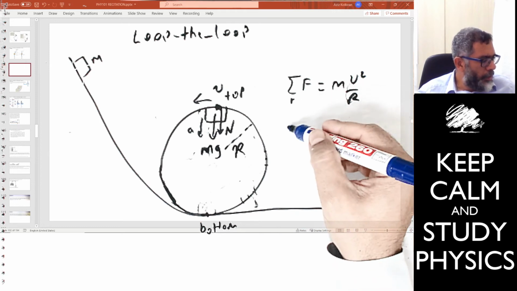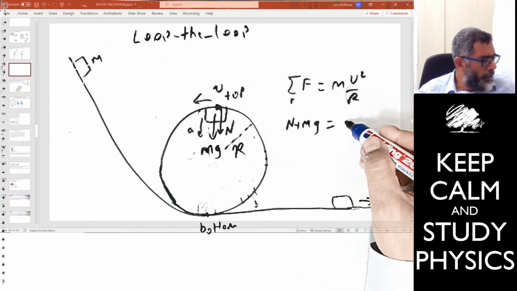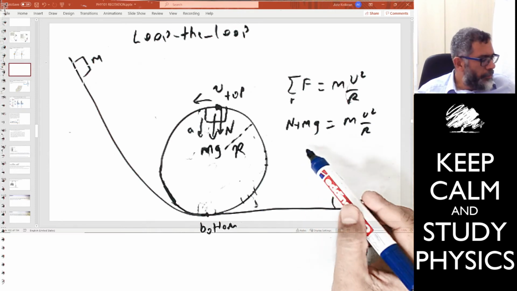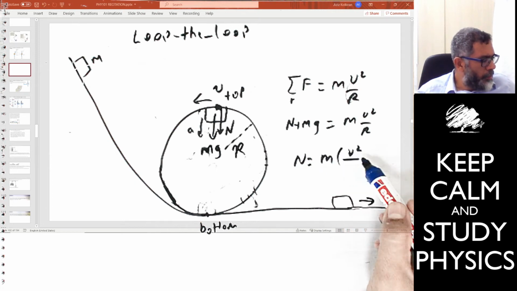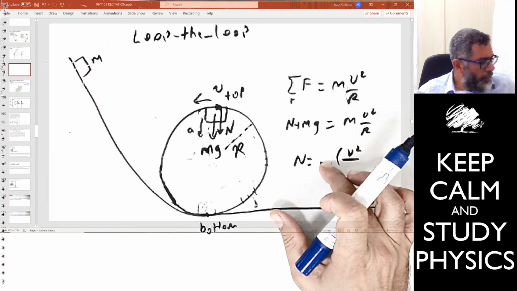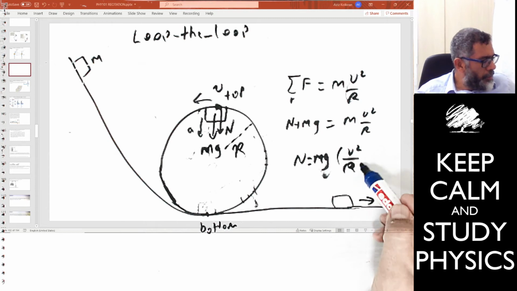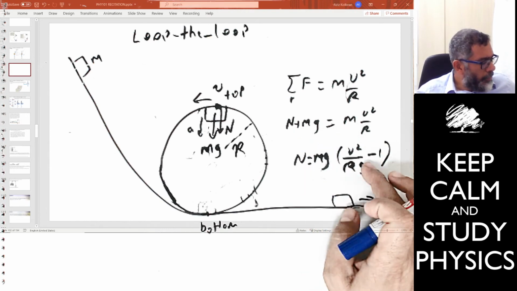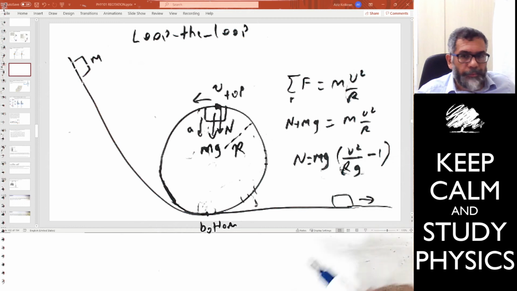So you get N plus mg on the left, and on the right-hand side you have mv squared over r. If you solve for the normal force, what you get is N equals mg times (v squared over rg minus 1).